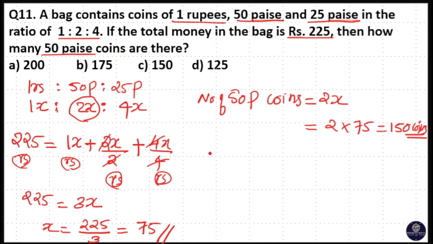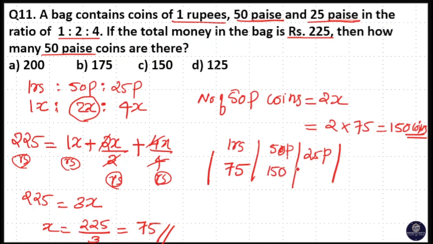So we have 1 rupee, 50 paise and 25 paise coins. If x is equal to 75, that means 1 rupee coins 75. 75 1 rupee coins, 150 50 paise coins and 300 25 paise coins.